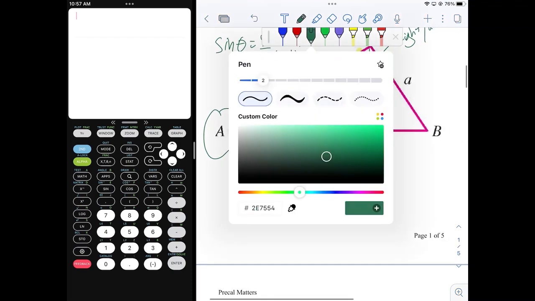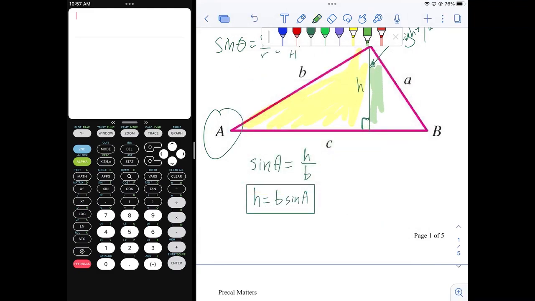Let's do it again for this triangle. For this triangle, I'm going to use base B, so I get sine of B equals opposite H over hypotenuse a. And just like I did previously, I solve it for H. So I get H equals a sine of B.